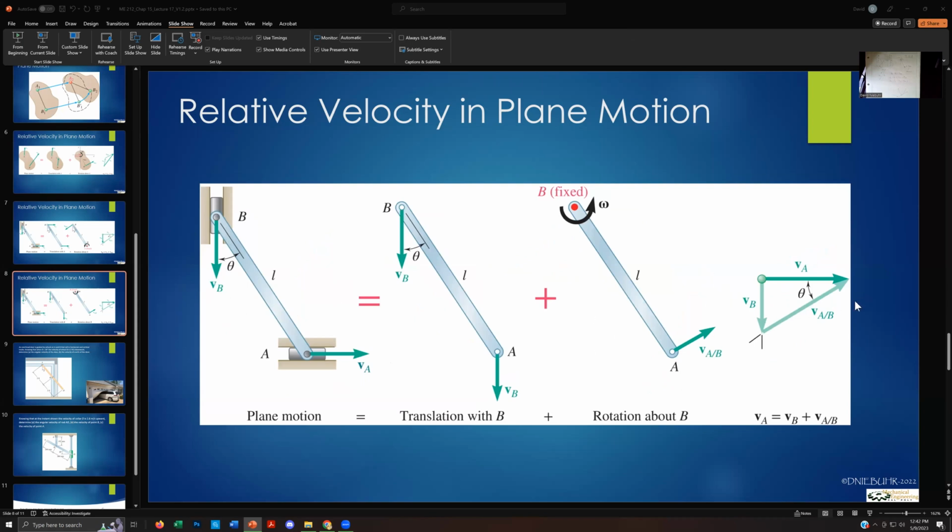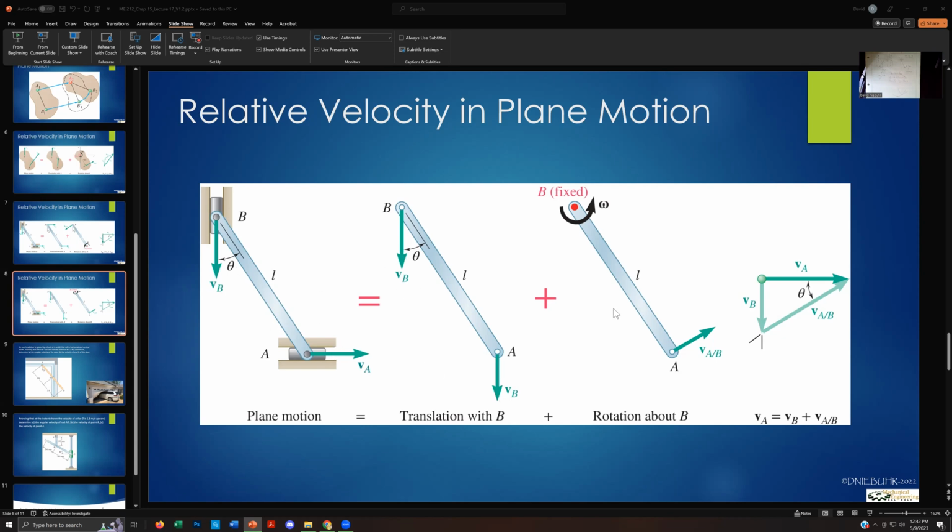The only difference is that this vector here is pointing in the opposite direction, but otherwise the actual magnitude of speed is the same. So nothing has really changed. It's just which end you decide to fix, which end you decide to say is your direction.